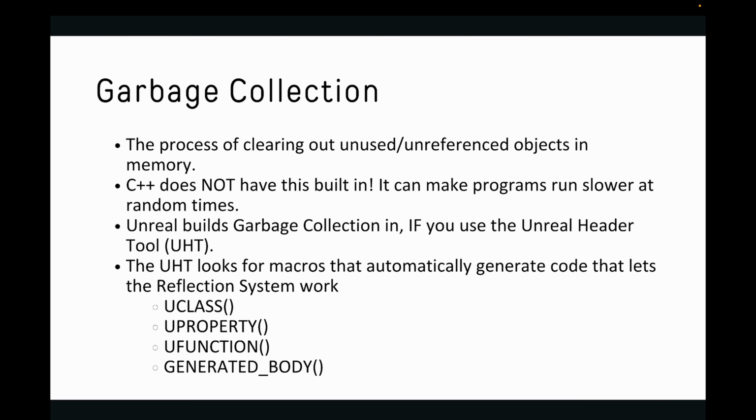If you use something called the Unreal Header Tool, which is really easy to use, it looks for macros that automatically generate code that lets the reflection system work. So if you look at your classes that you've made in C++ in Unreal, you'll see UCLASS there above the class name. Every variable you make has UPROPERTY.